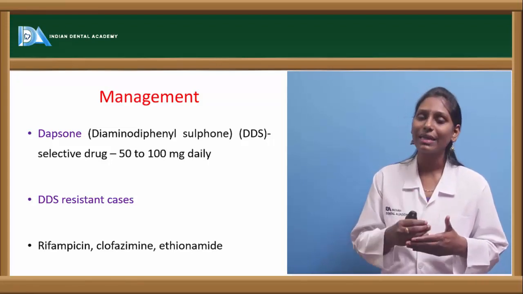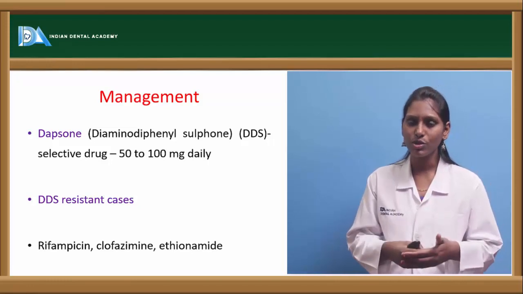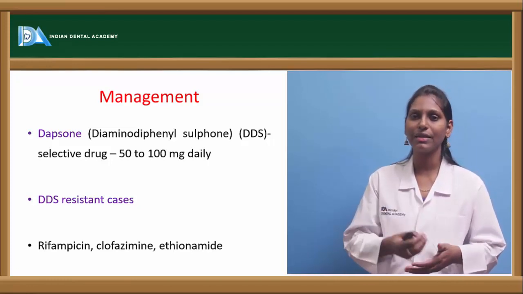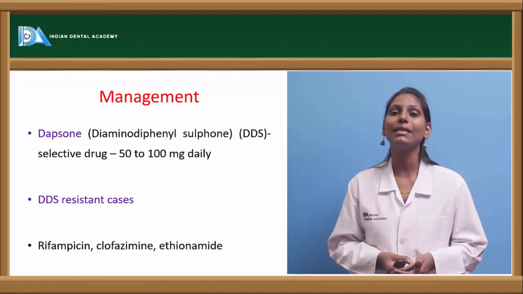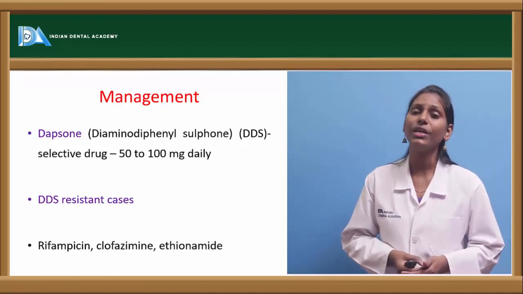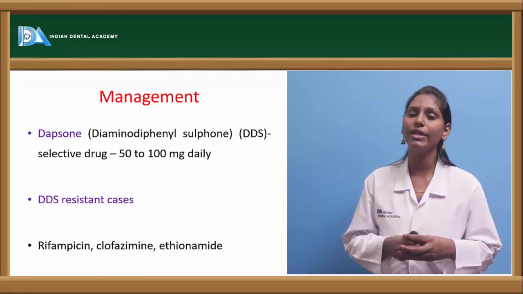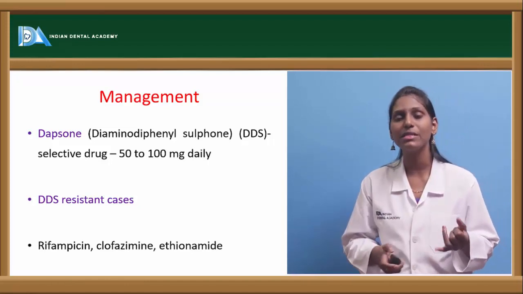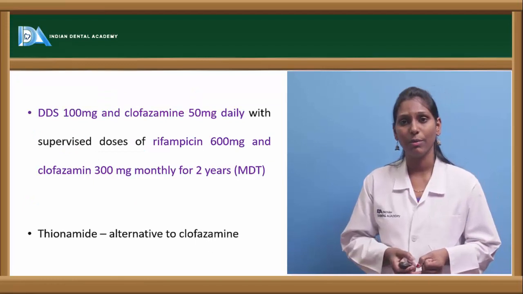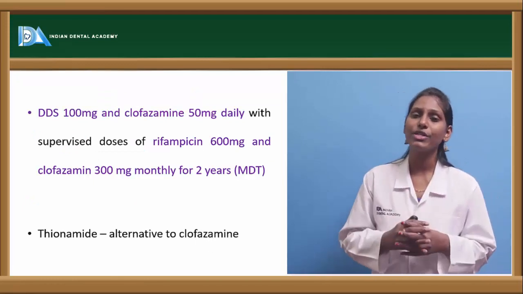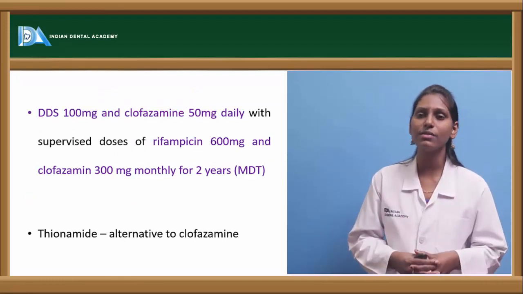So to decrease this resistance to dapsone, we have multi-drug regimen therapy. Here, instead of a single drug, we use a combination of drugs. The most commonly used combination is rifampicin, clofazimine and dapsone, given in the following dosages.